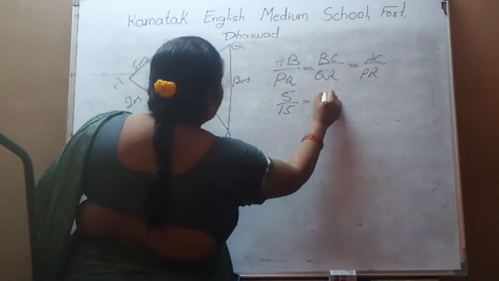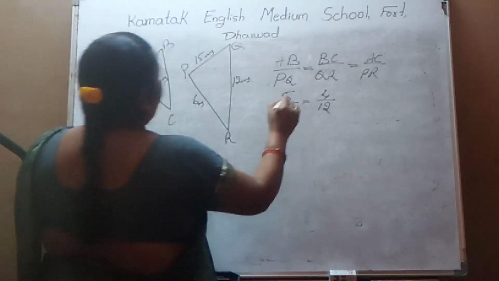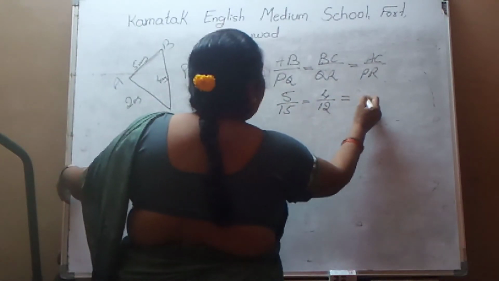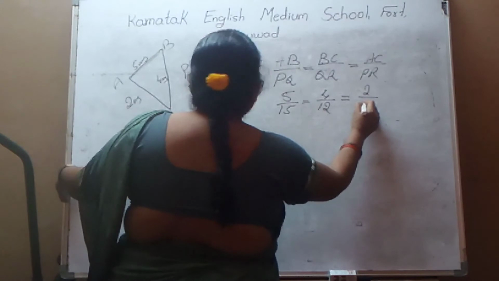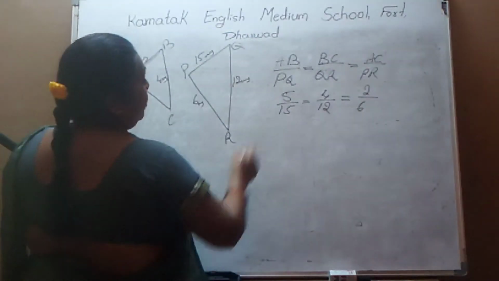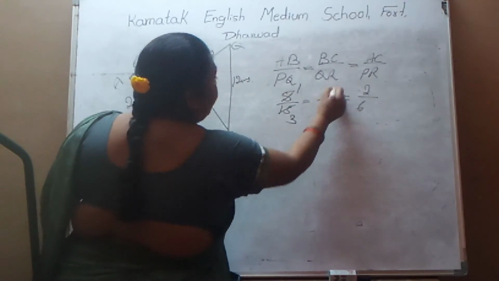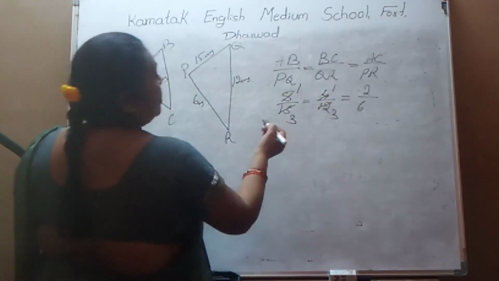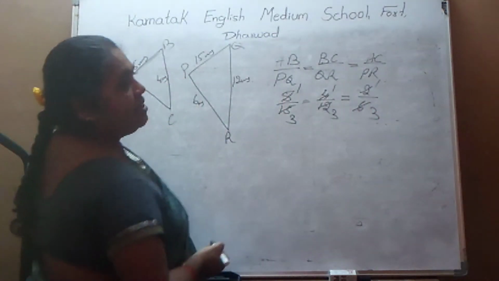Next, BC 4 centimeter, this is 12 centimeter. Then AC 2 centimeter and PR 6 centimeter. 5 ones are 5, threes are 15. 4 ones are 4, threes are 12. 2 ones are 2, threes are 6.